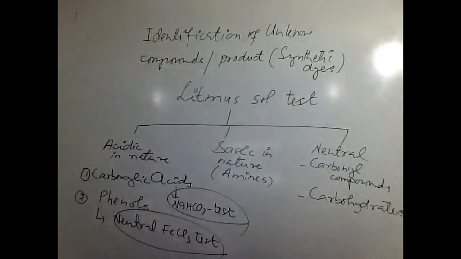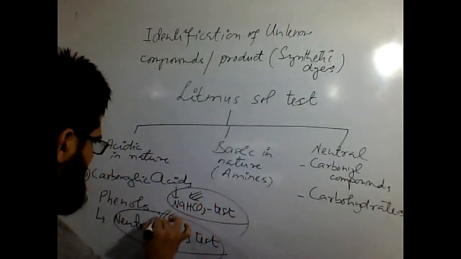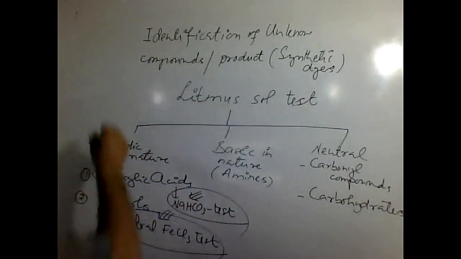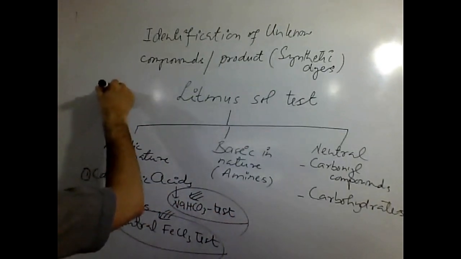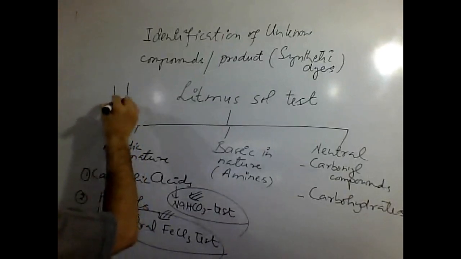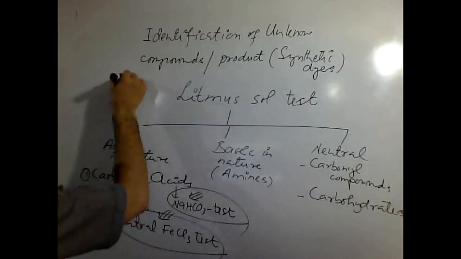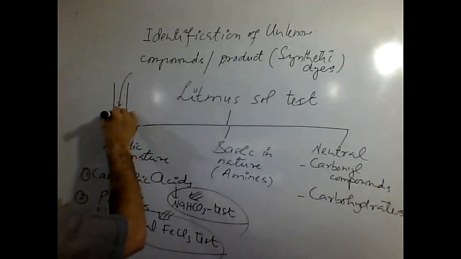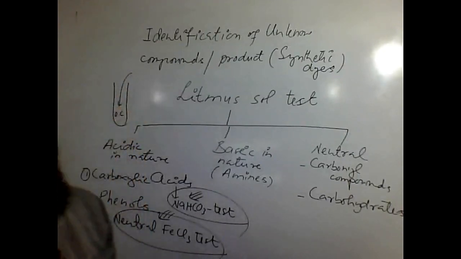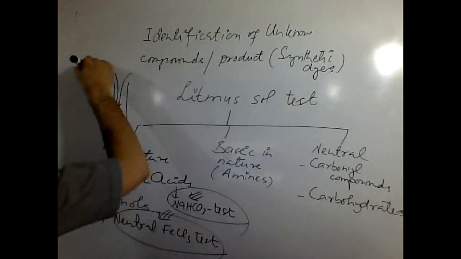What happens in these tests when you perform sodium bicarbonate test? Let's say you have a test tube here, you put in your organic compound which is unknown to you, you don't have an idea what is that, and then you put in sodium bicarbonate solution.